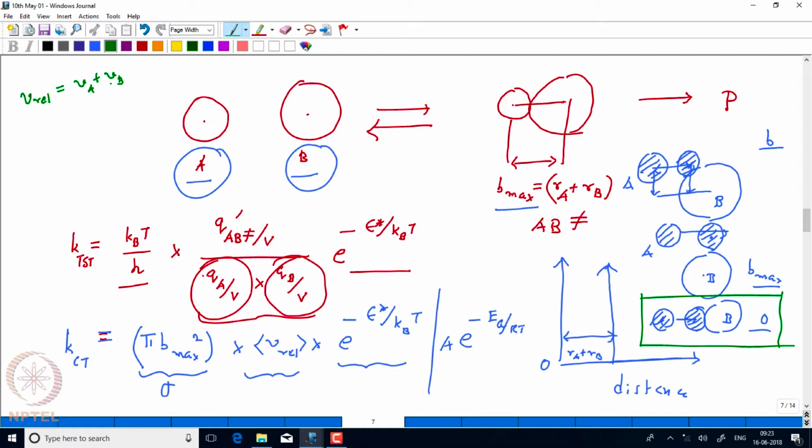Similarly, the relative velocities can also be at 90 degrees. Atom B can move like this, atom A can move like this. So the approach there is 90 degrees.